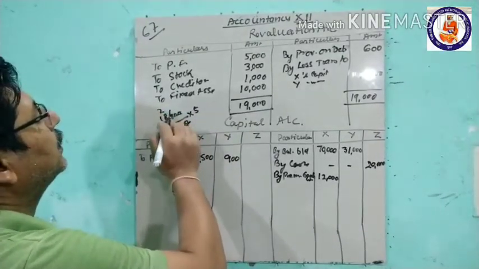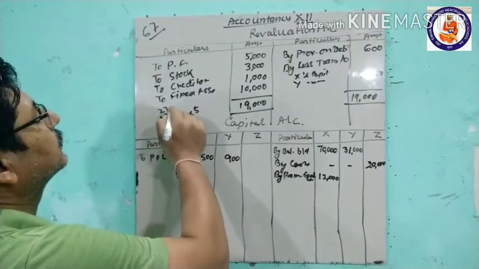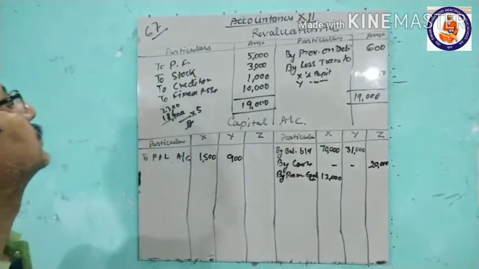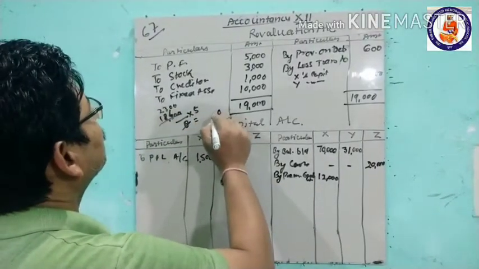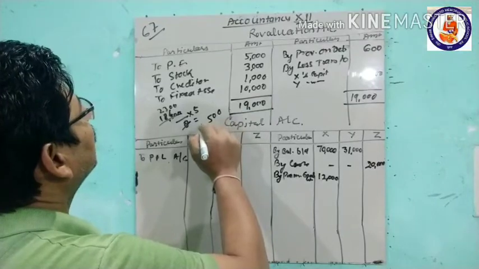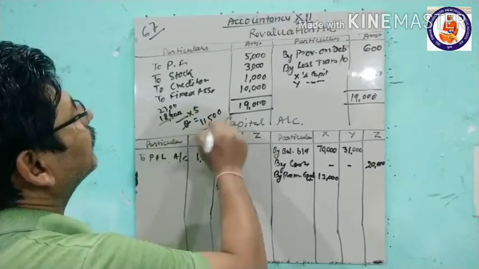8 2s are 16, 8 3s are 24, 0. And multiplied by 5, 5 0s are 0, 5 3s are 15, 5 2s are 10 and 1, 11,500.